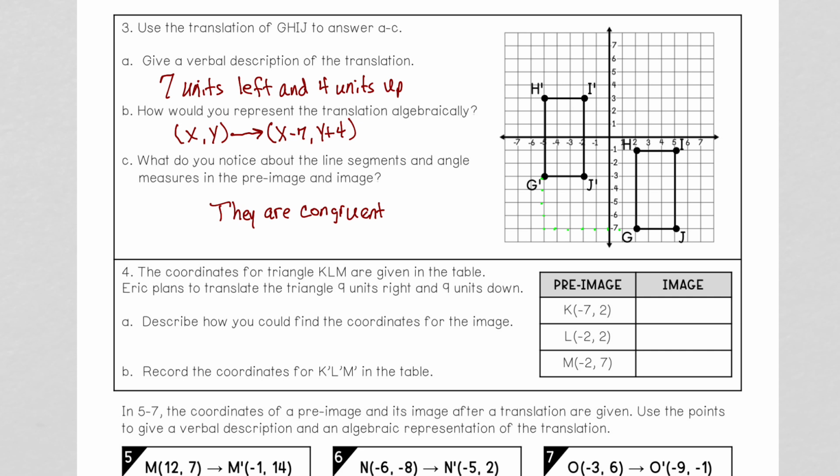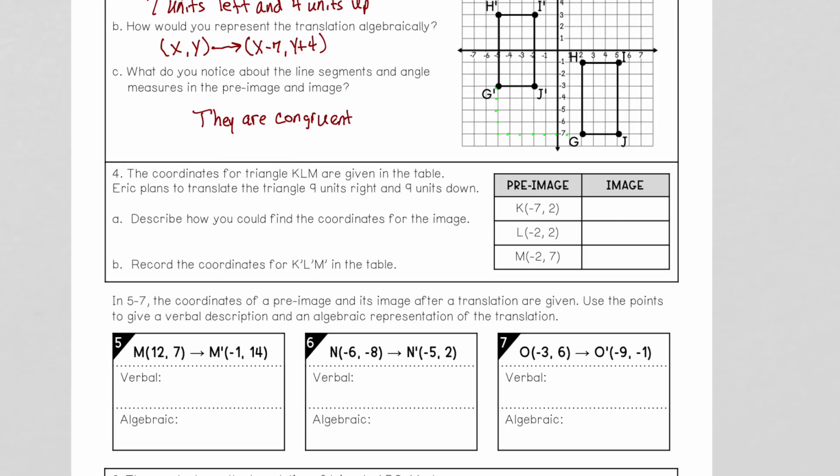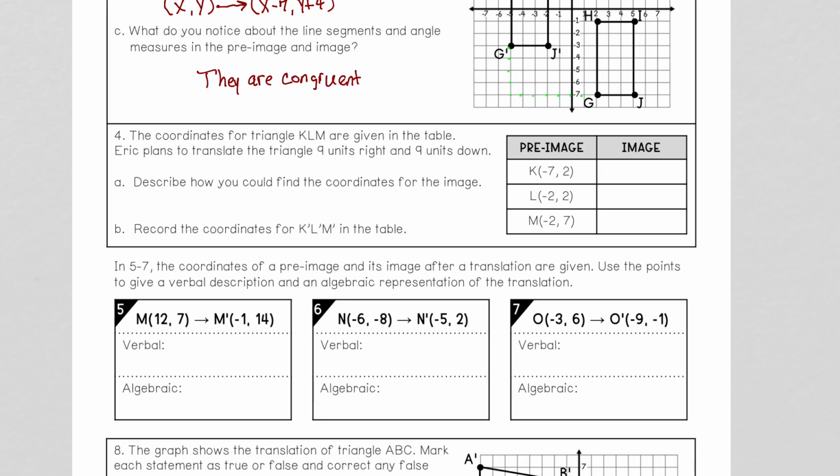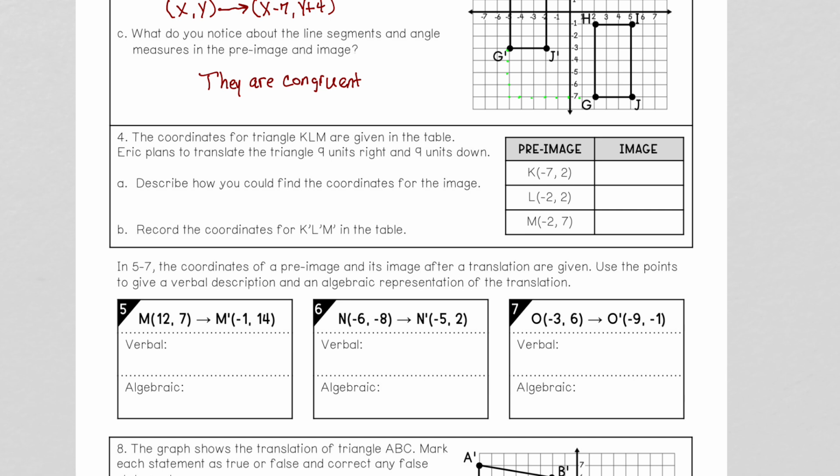Now, the coordinates for triangle KLM are given in the table. Eric plans to translate the triangle 9 units right, 9 units down. So describe how you could find the coordinates for the image.